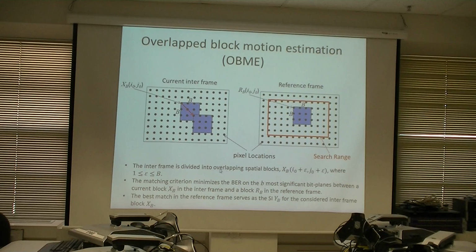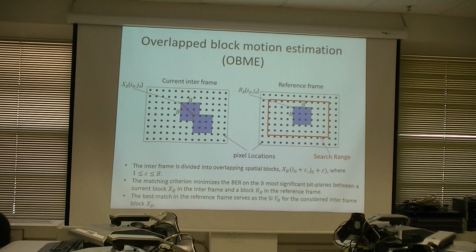If I choose the overlapping step size as 1, then there should be an overlap block, and in total it has 4 overlap blocks. Yeah, but I mean for epsilon, epsilon is 2 here. Right now it is 2, yeah.